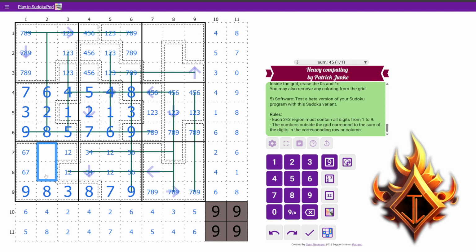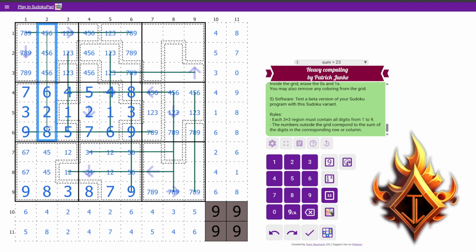This is for 5. This is 4, 5, 6. We can just double check. 15 plus 16 is 31, plus 17 is 48.